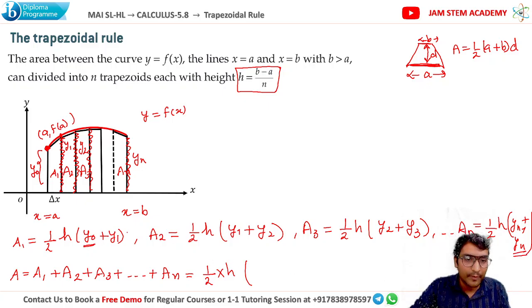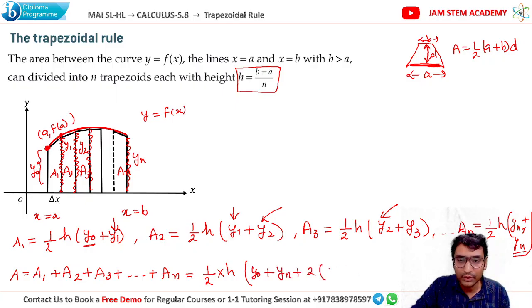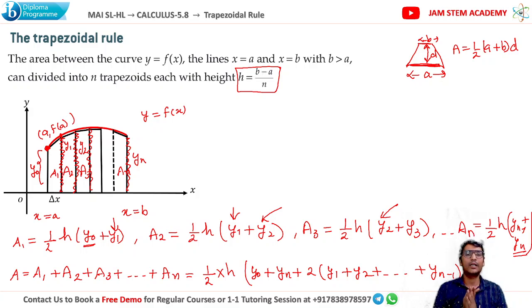Other values like y1 appear twice, similarly y2 appears twice, and so on. So I will have y0 plus yn plus twice the mid values, which are y1 plus y2 plus so on up to yn minus 1. That's it. That's the area using the trapezoidal rule. So it means we can approximate the answer.